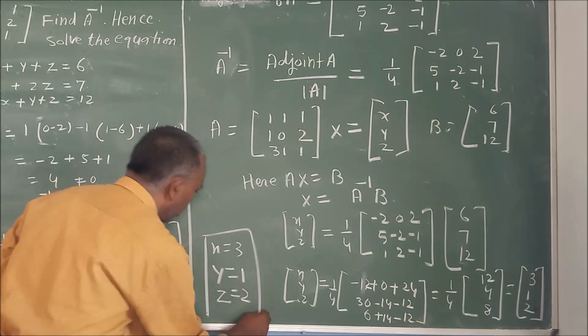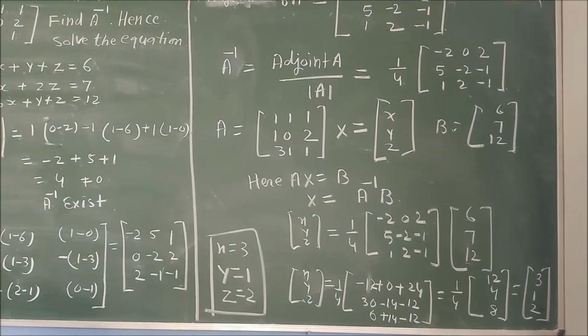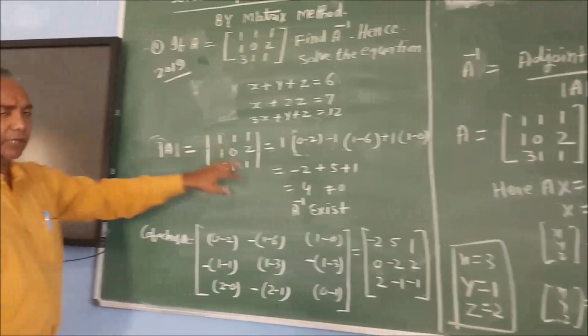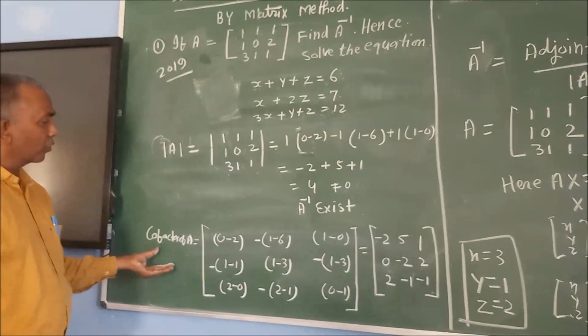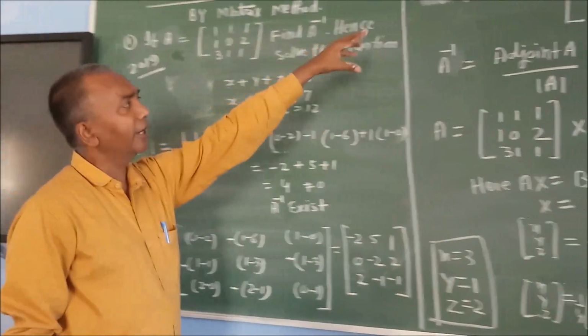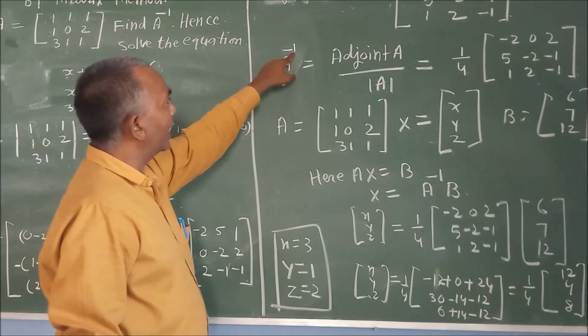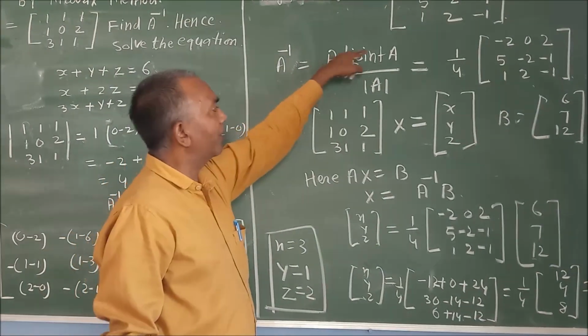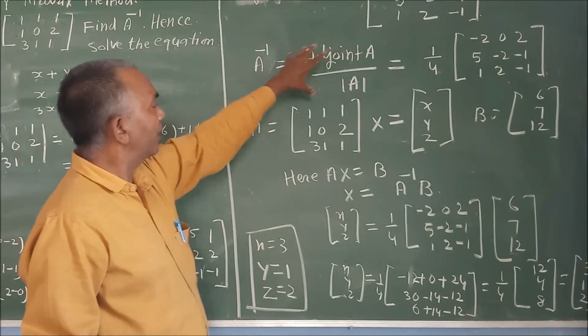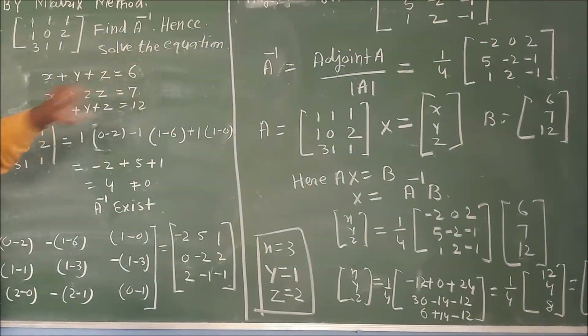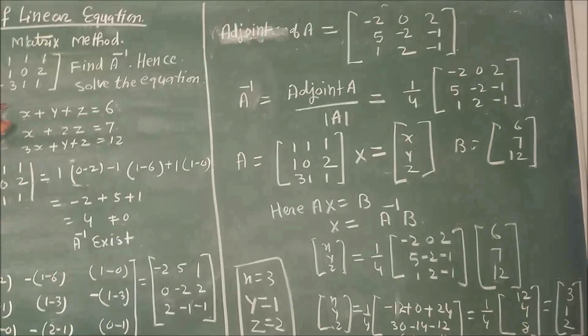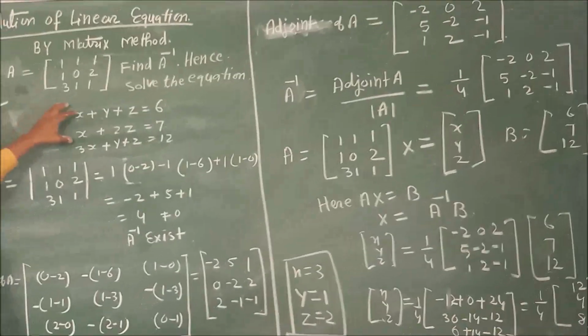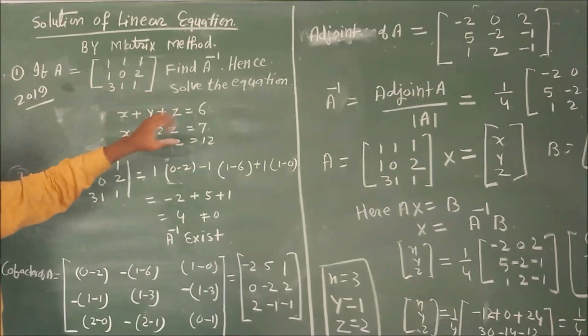So watch here, what are the steps? First we calculate the determinant of A, then the cofactor of A, and after that the adjoint of A, and use the formula A inverse is equal to adjoint A by determinant of A. We will get the value of A inverse. After getting A inverse, we check the equation: is the value of A the same or not?